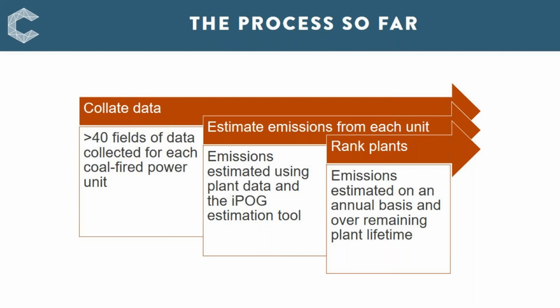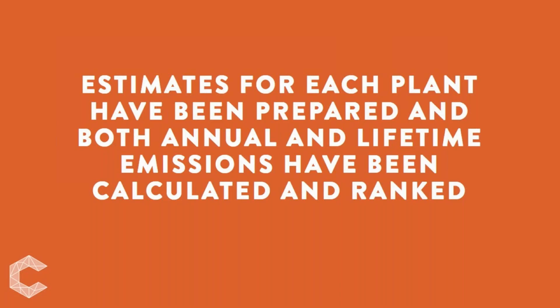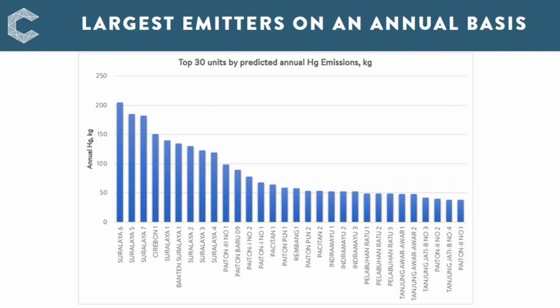So this is more of a guesstimate than an estimate, if you'll forgive the term. But we needed something to start from to look at the emissions coming out of these plants. So, as I say, the estimates for each plant have been made on an annual basis, how much they're emitting every year, and also on this predicted lifetime emission over the remaining lifetime, assuming they close when they're 40 years old. So, finally, some results.